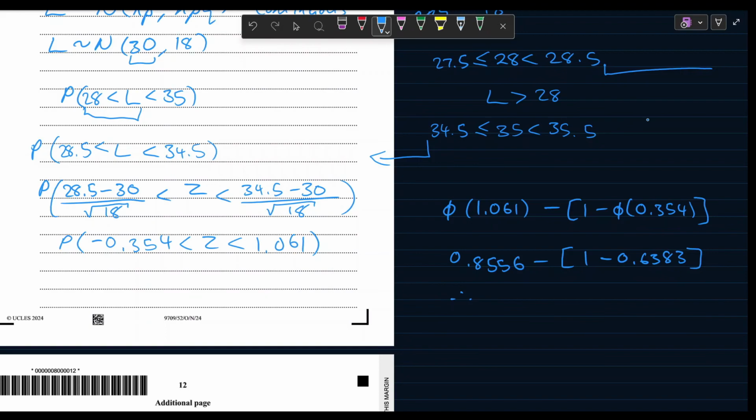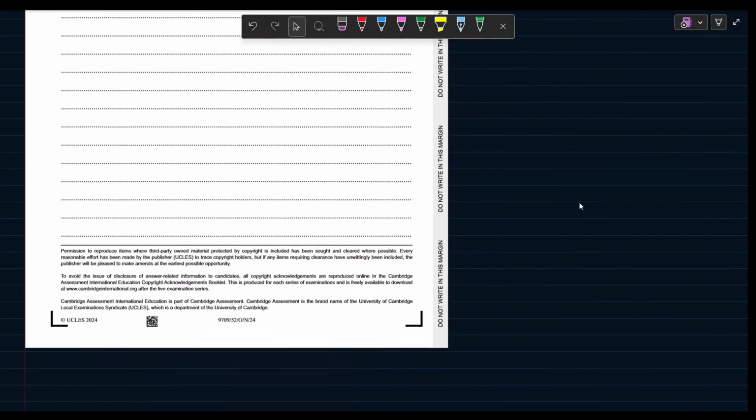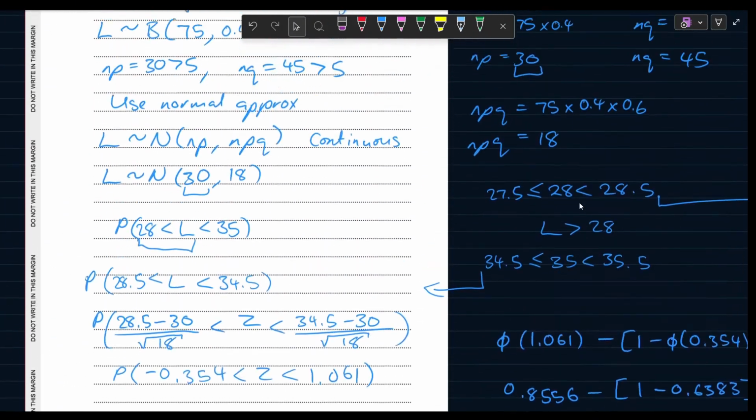This is 0.8556 minus 1 minus 0.6383, and this gives us 0.494, correct to 3 significant figures, and that is our final answer, and that's the paper as well.